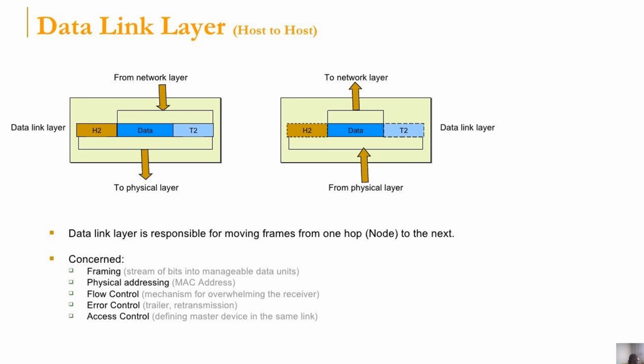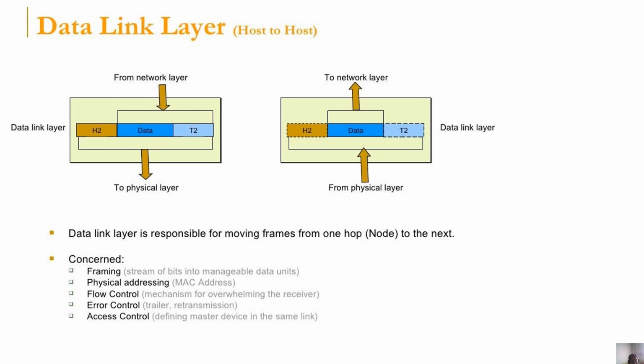Next one is the data link layer. This layer is responsible for error detection and correction between directly connected devices. It also uses physical addressing such as MAC addresses, and the data here is converted into frames and then sent from sender to receiver, to directly connected devices.